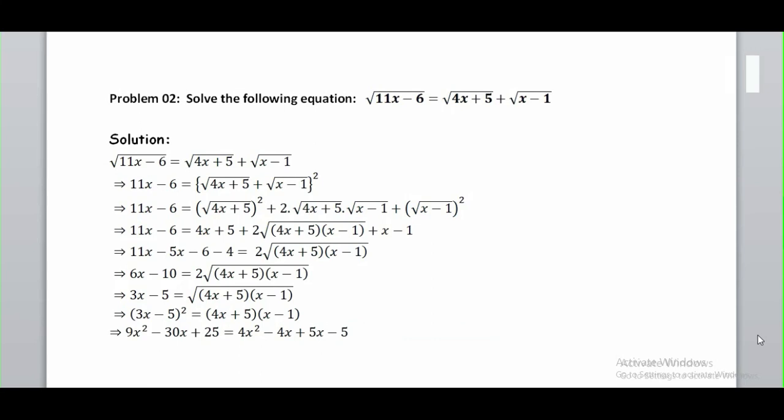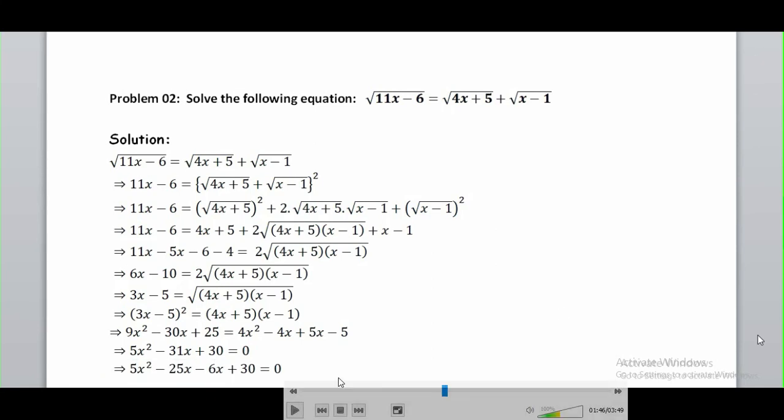And then using the formula of a minus b whole square, we will get 9x square minus 30x plus 25, and multiplying the expressions at the right side we will get 4x square minus 4x plus 5x minus 5. This gives us 5x square minus 31x plus 30 equal to 0.